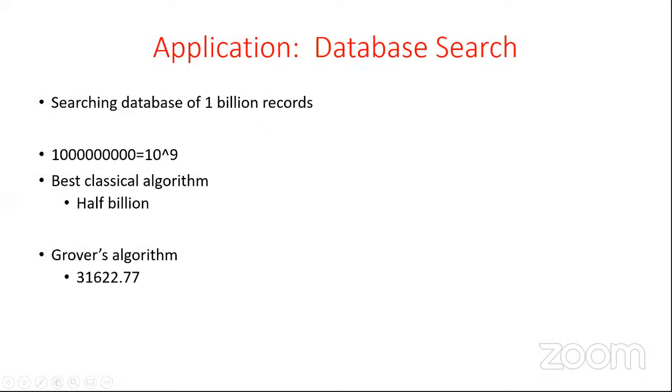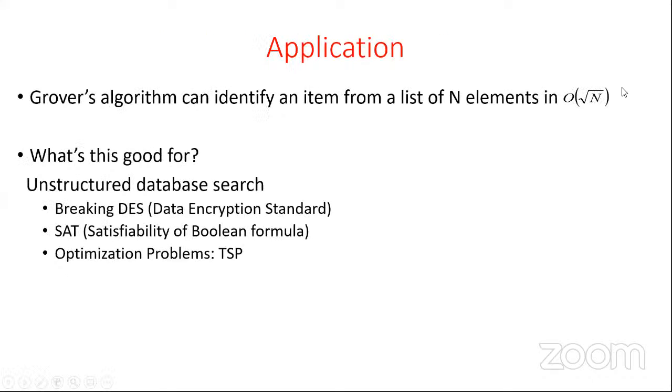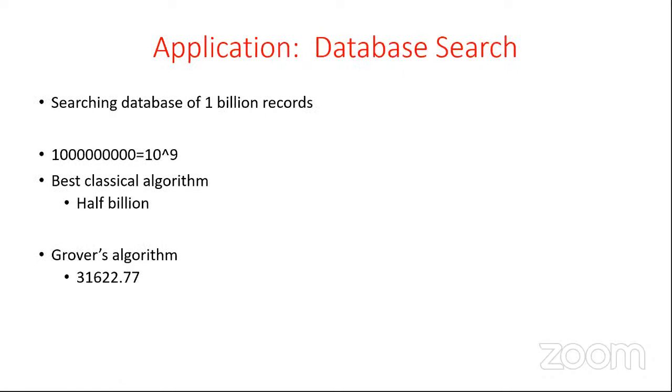If you see n and order square root of n, you will say, okay, it's not that much, but it is pretty significant and substantial. Let's suppose we go for searching a database of 1 billion records. Let's take the Aadhaar record of our Indian UID, where there are almost 1 billion plus entries.